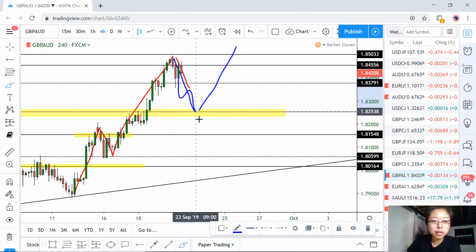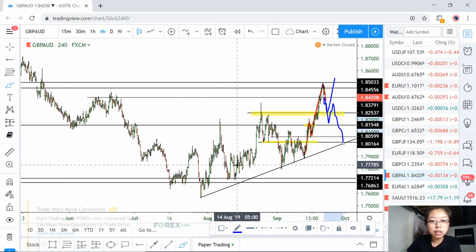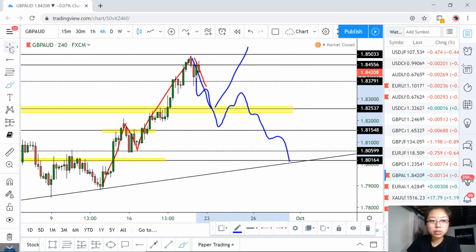So it comes down and it breaks and comes back up and starts breaking down. Don't really see that happening, but who knows? That's two scenarios. They may color code it, something like that, right there.